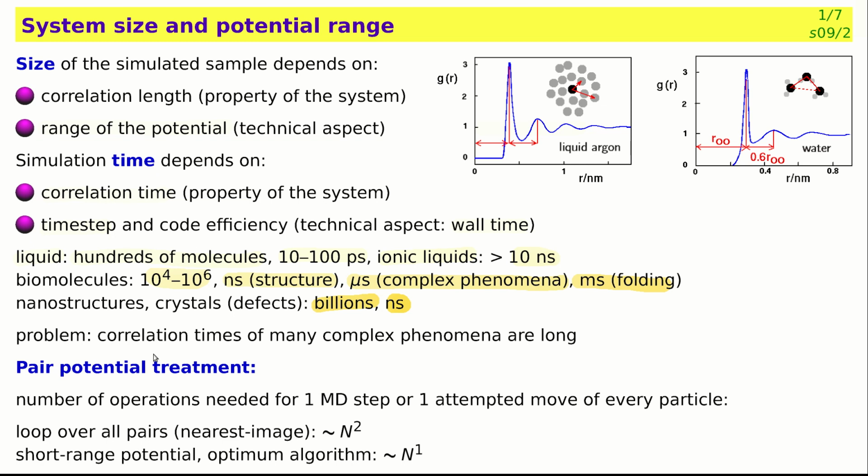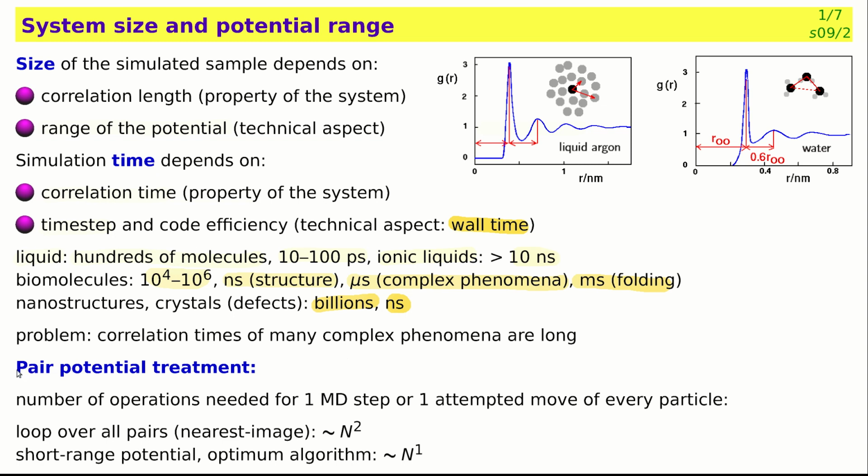So to simulate large system means to simulate for a longer time, and the wall time then will be longer because of both aspects. We need more calculations to simulate a larger system, and also we need to simulate it for a longer time.